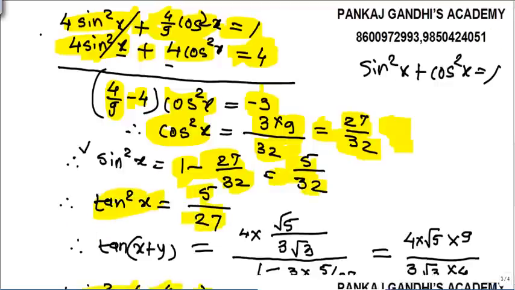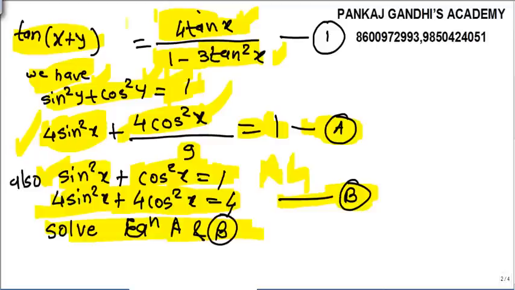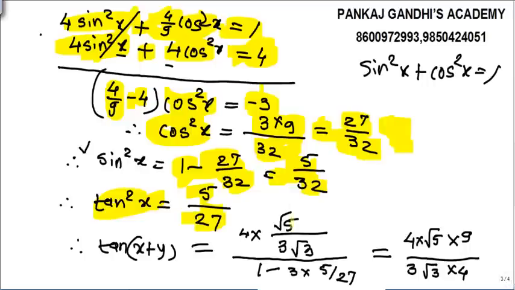Now put the values in this equation: 4 tan x on 1 minus 3 tan square x. Let's put the values. 4 into tan x, where tan x is root 5 by 3 into root 3. Why here?